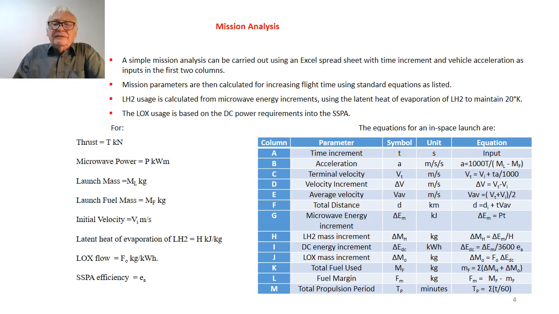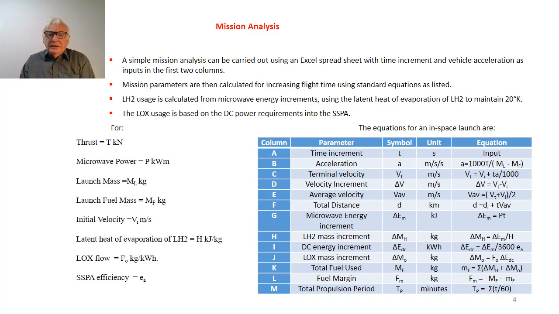You keep it cool by effectively evaporating the liquid hydrogen to keep it at this temperature, and therefore you can calculate the mass of liquid hydrogen that you use for each increment by using the latent heat of evaporation of liquid hydrogen, which is given in kilojoules per kilogram. So simply you calculate the mass used because you know the microwave energy you've used during that increment in kilojoules, and therefore you can calculate the liquid hydrogen mass in kilograms.